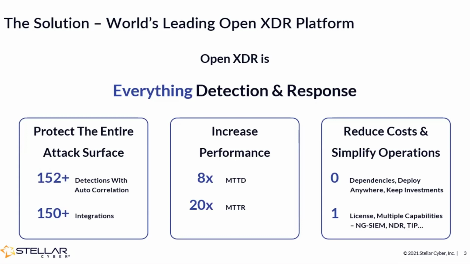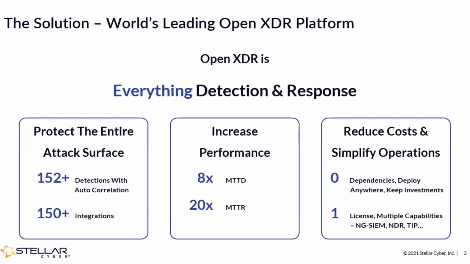So the most important thing at the initial stage is to get the right telemetry from the entire attack surface. Once we have the data on our platform, that's where we leverage our machine learning to do the automated detections.